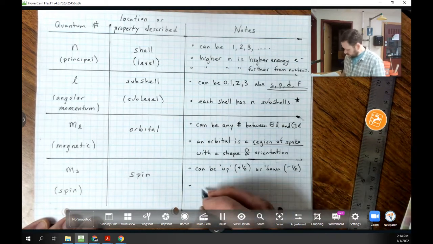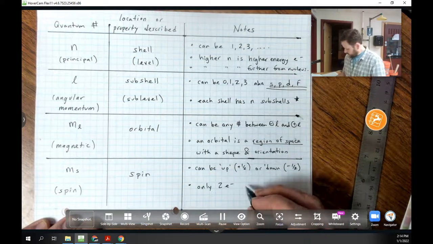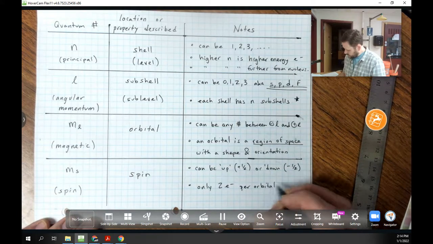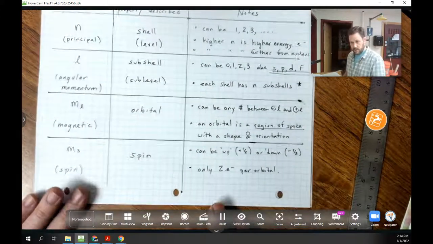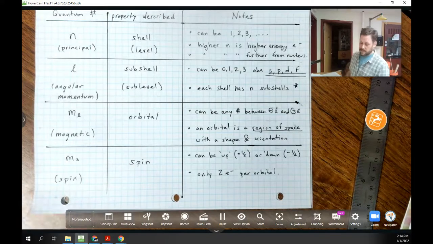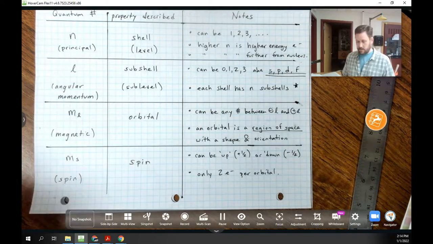Most importantly, only 2 electrons can occupy an orbital. And this has to do with what we call the Pauli Principle, which is that no 2 electrons in an atom can have the same 4 quantum numbers. So you can't have 2 electrons in an atom which have the exact same address.